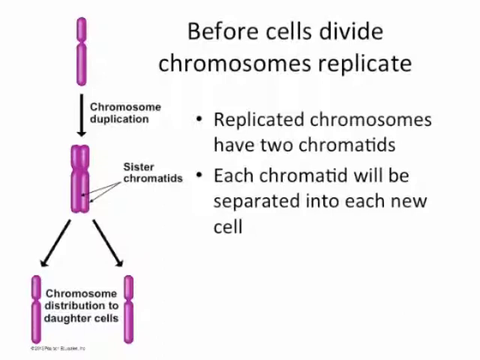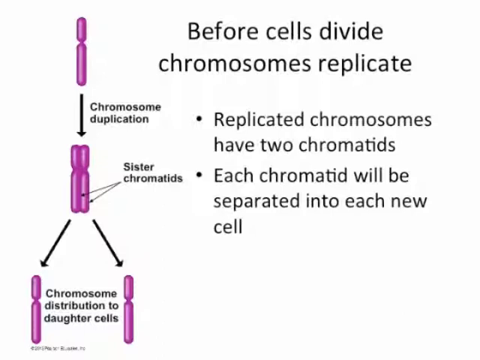During one part of the cell cycle, we're going to see duplication or DNA synthesis. And what happens is your chromosomes will be duplicated. At that point, each copy of the chromosome is called a sister chromatid. And then through the process of mitosis, which we'll talk about, those sister chromatids are going to be separated, and each one will be put in a new cell. Those new cells are going to be called daughter cells.